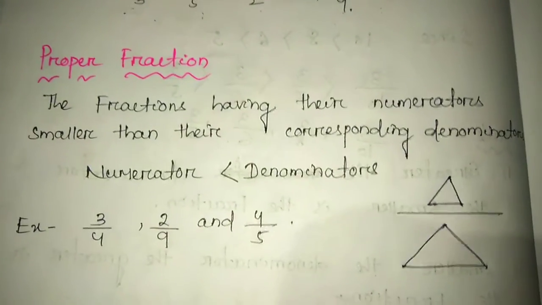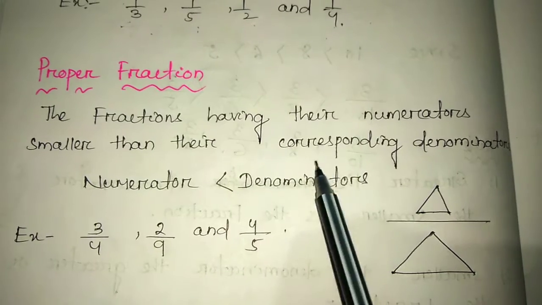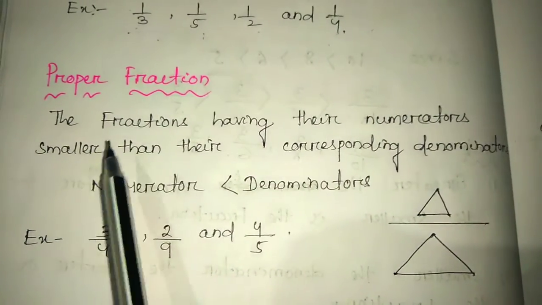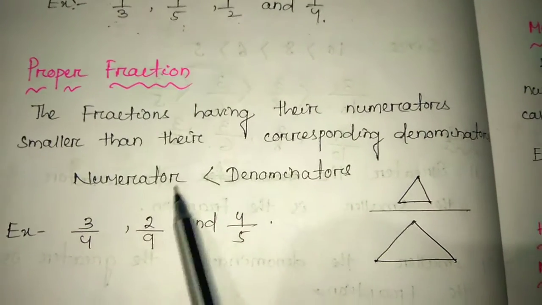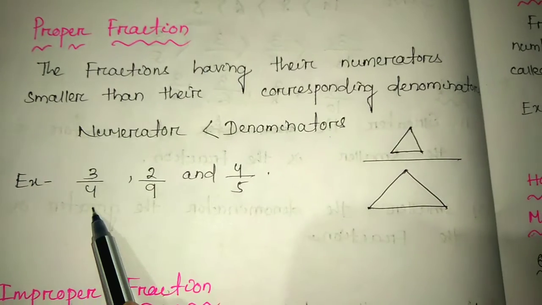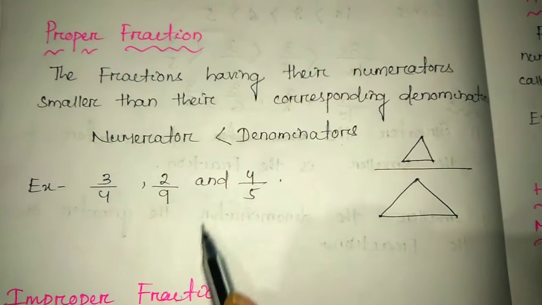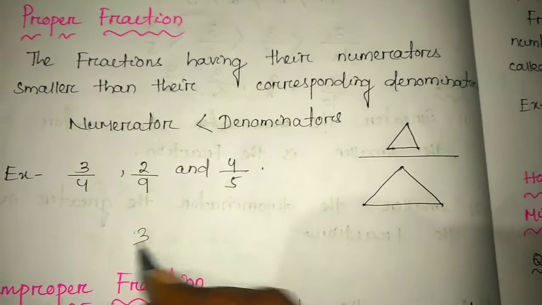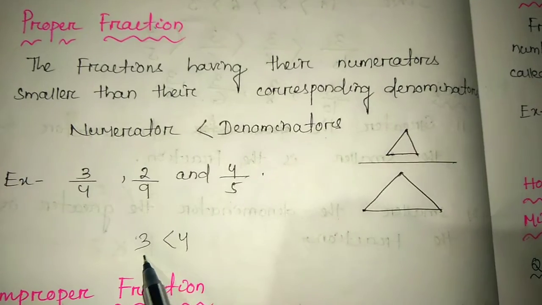Let's see proper fraction. The fractions having their numerator smaller than their corresponding denominators are known as proper fractions. That means in a fraction, the numerator is smaller than the denominator. For example, 3 by 4, 2 by 9 and 4 by 5. Here 3 is less than 4. The denominator is greater than the numerator.